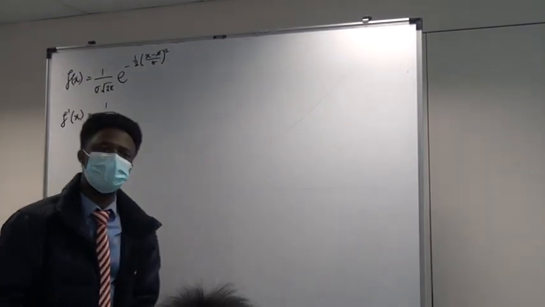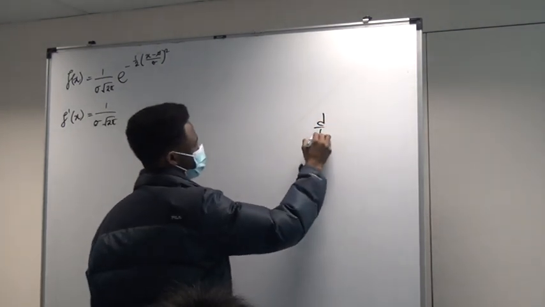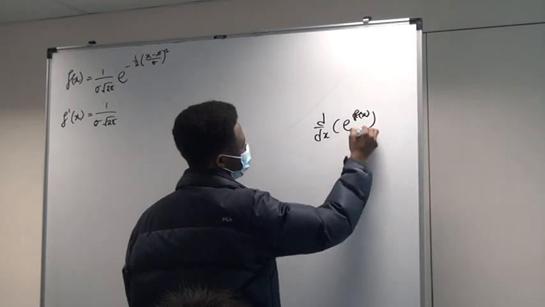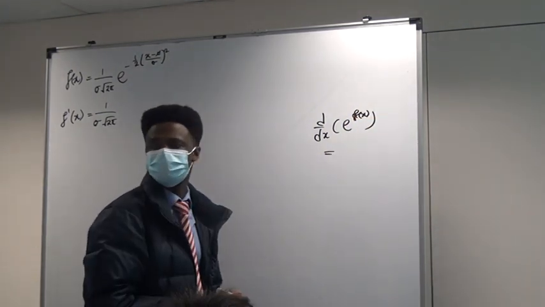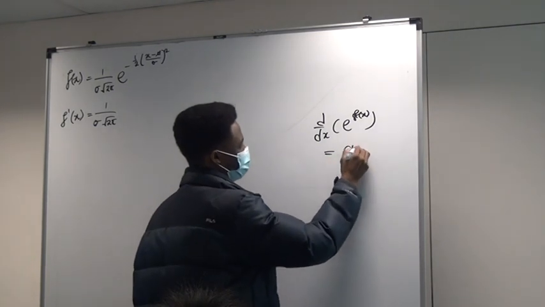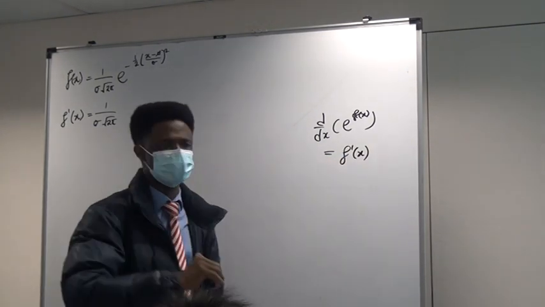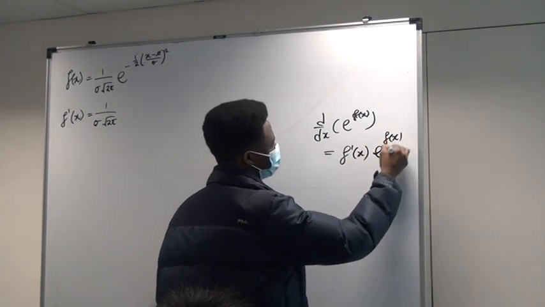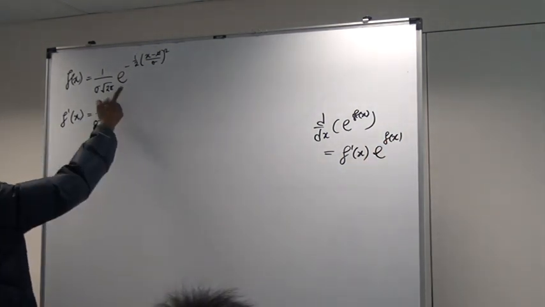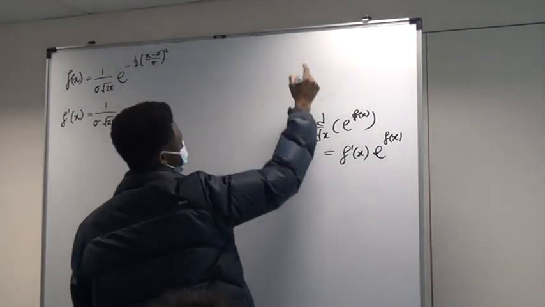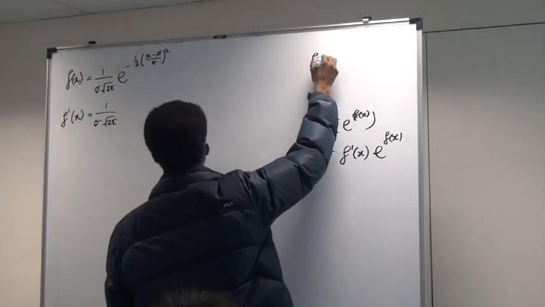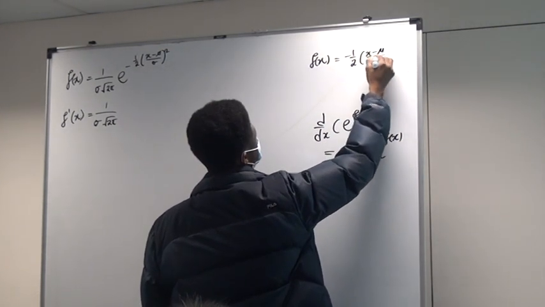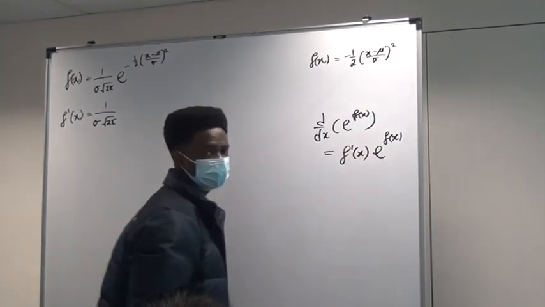To differentiate an exponential function, d/dx of exponential f of x is f prime of x times exponential f of x. Similarly, now if you look at this, the f of x in this case is minus 1 over 2 times x minus mu over sigma, all squared, isn't it?